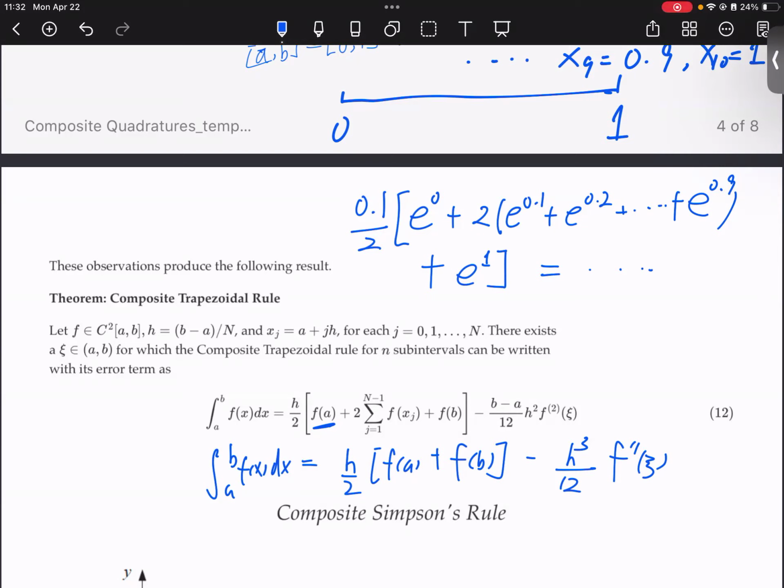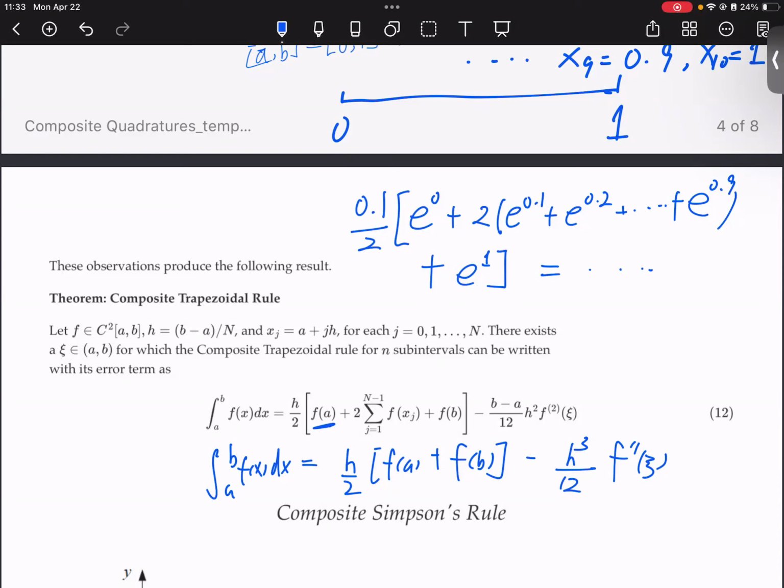If you compare this, you might think this one is more accurate because you have h to the power of 3, but you need to be very careful, because this is the whole interval A and B. If you use the composite trapezoidal rule, your h size could be very small, like h divided by 10 here, but here it's just the h size. So this number could be smaller than this number, because this size is not the same as the h here.